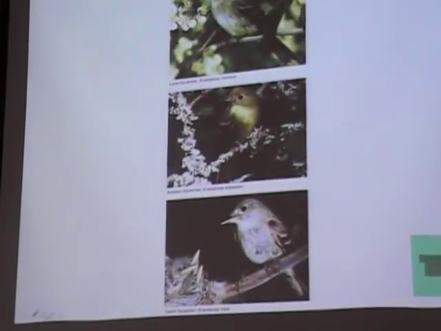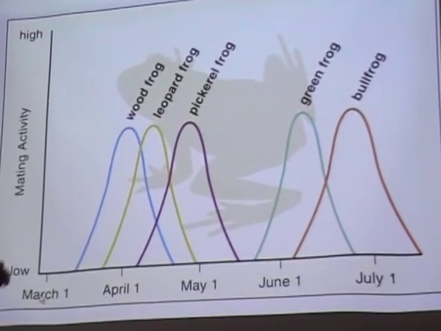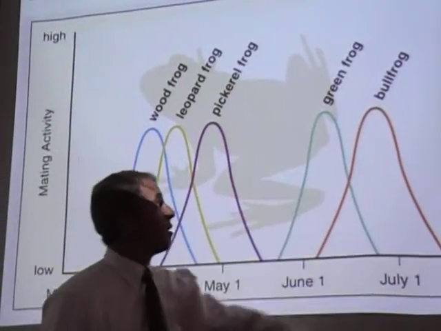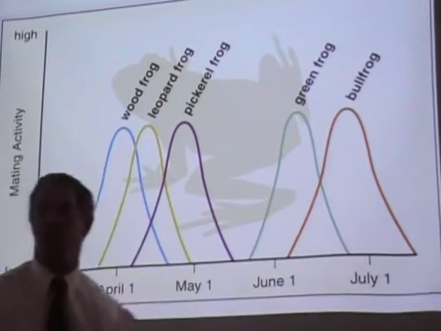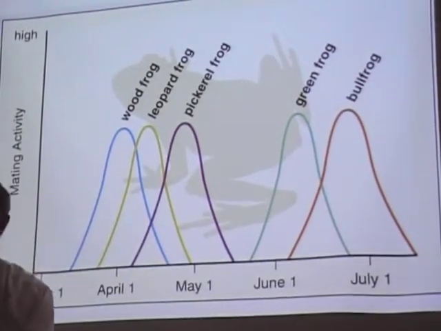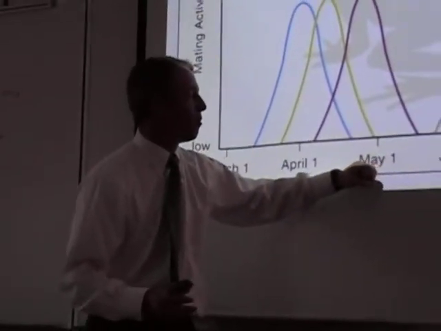For instance, here are five different species of frogs: wood frogs, leopard frogs, pickerel frogs, green frogs, and bullfrogs. It's thought that they all came from one species of frog a long time ago.